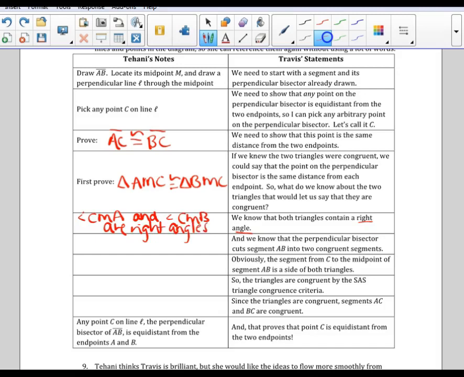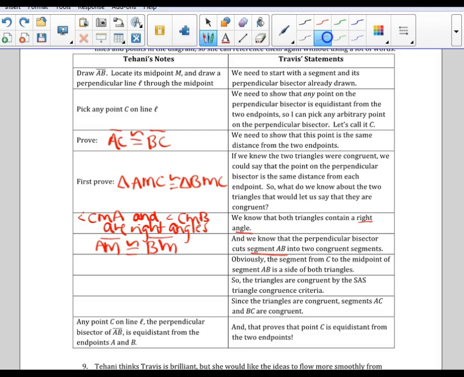And if we know that the perpendicular bisector cuts segment AB into two congruent segments, then we can conclude or say that AM, line segment AM, is congruent to line segment BM.